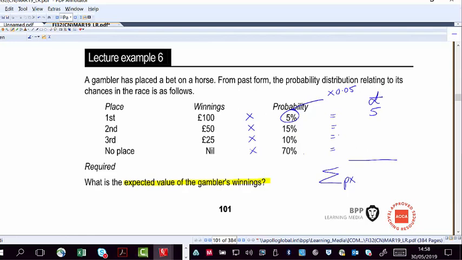If we do 50 times 15%, we get 7.5. And if we do 25 times 10%, we get 2.5. And finally, 0 times 70% would give us 0. If we add them all up, we get an expected value of 15. So the expected value of the gambler's winnings is £15.